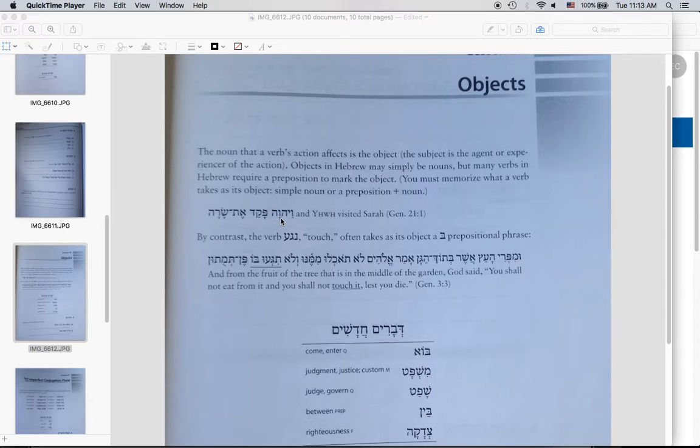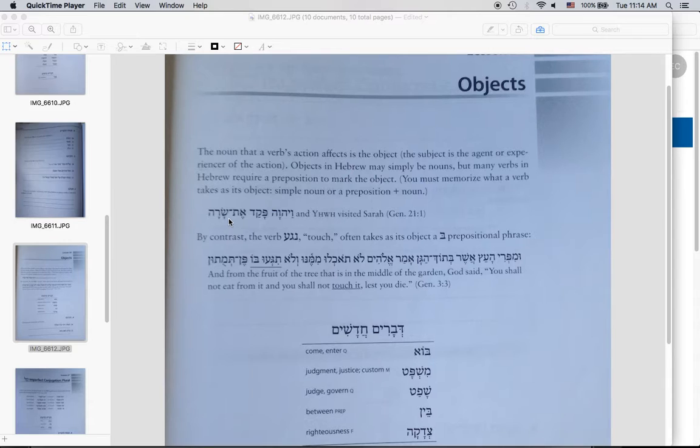Typically in Hebrew, we have subject, verb, object word order, but we've learned that the verb can be moved to the front of the sentence. So sometimes we'll have verb, subject, object. Almost all the time, the object will appear after the verb. It can also appear after the subject, but very rarely will the object appear at the beginning of a sentence.